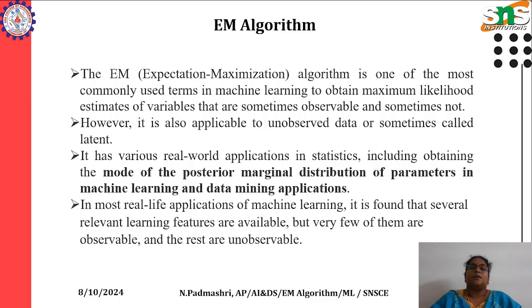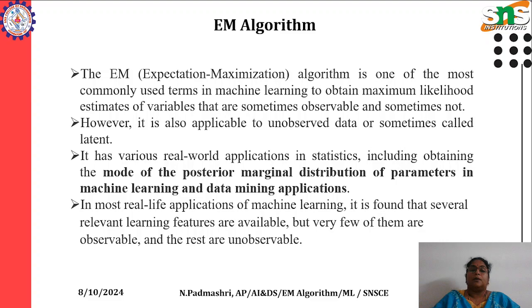The unobserved data, where we cannot predict the value of the variables, will affect the machine learning performance. So that has to be noticed, and we have to maximize the value of those variables. Then we can improve the performance of our algorithm.